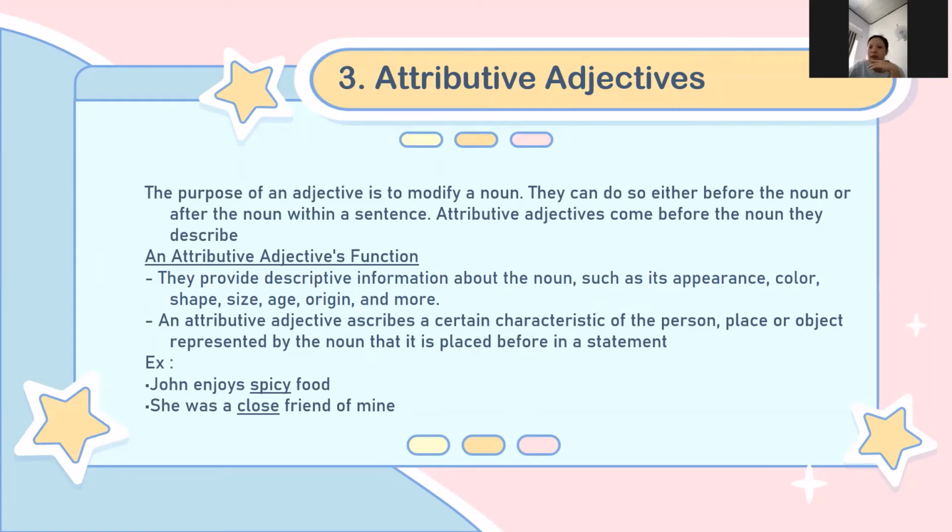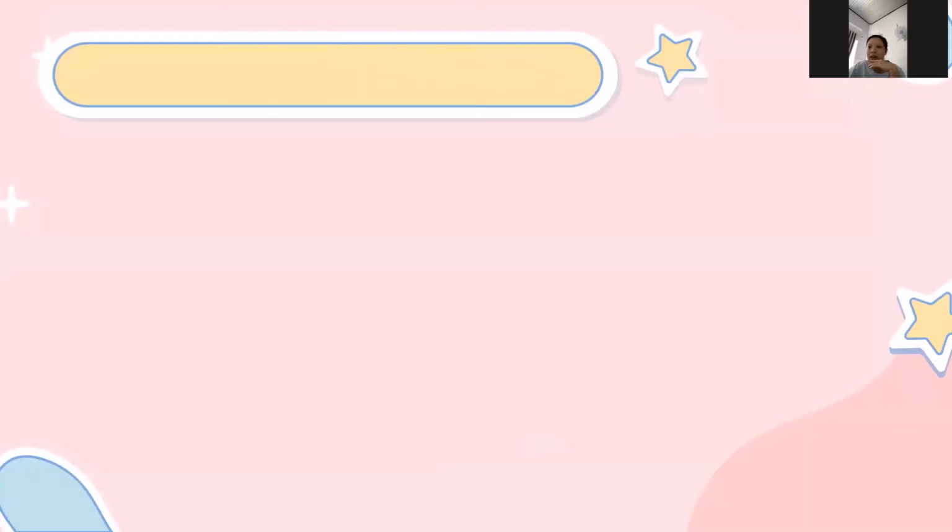An attributive adjective expresses certain characteristics of the person, place, or object represented by the noun that it is placed before in a statement. For example, John enjoys spicy food, and she was a close friend of mine.